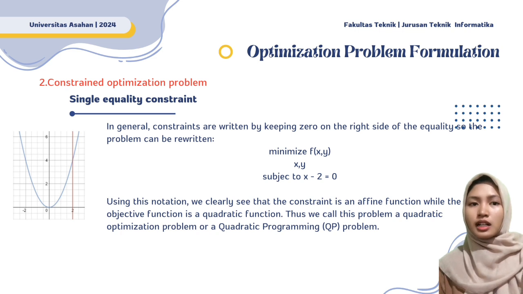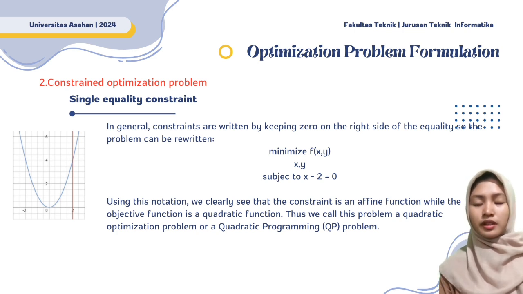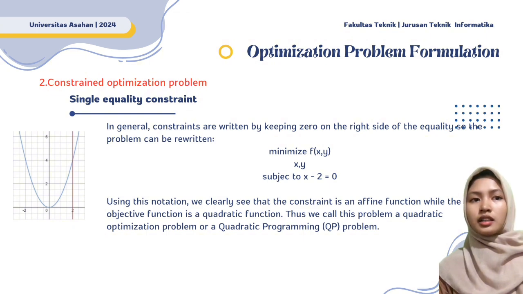Thus, we call this problem a quadratic optimization problem, or quadratic programming, or QP problem. As we can see in the figure, because of the constraint x - 2 = 0, the minimum is 4.